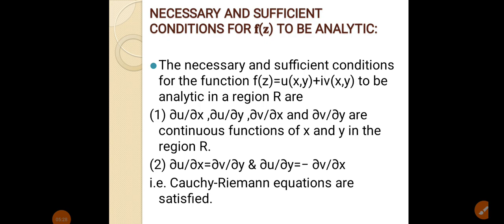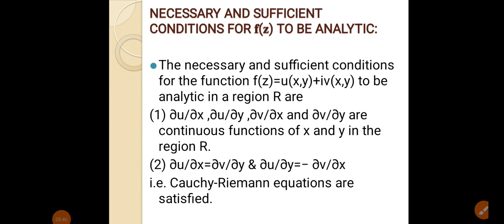The necessary and sufficient conditions for the function f of z equal to u of x y plus i v of x y to be analytic in the region R are as follows.